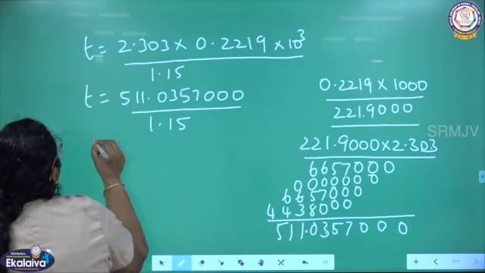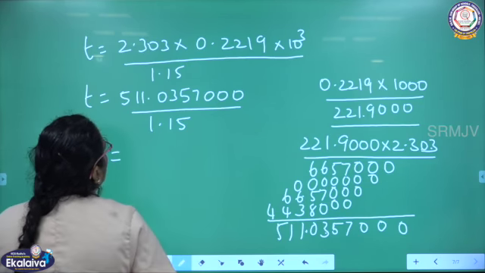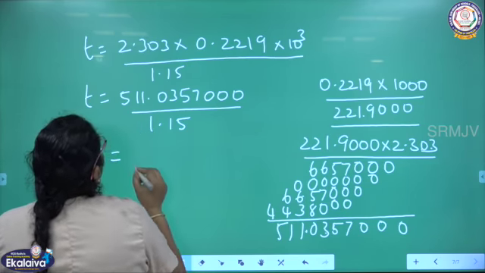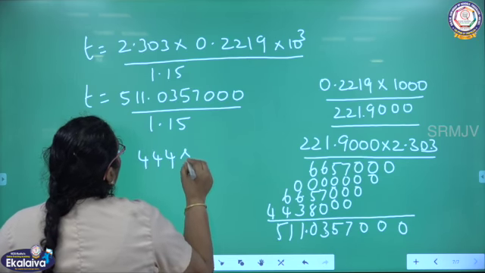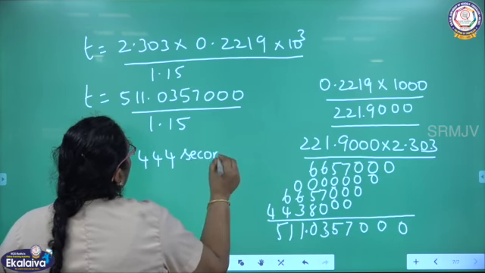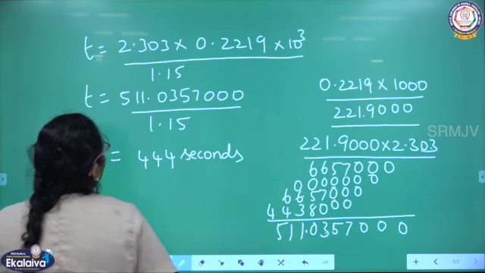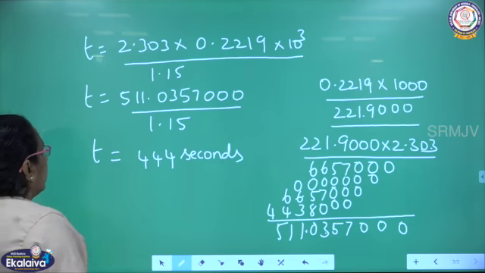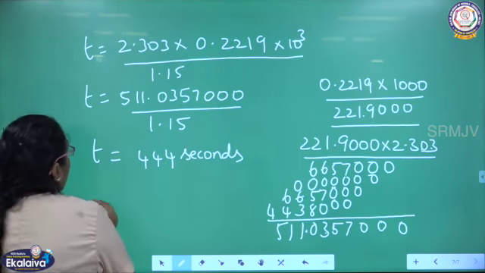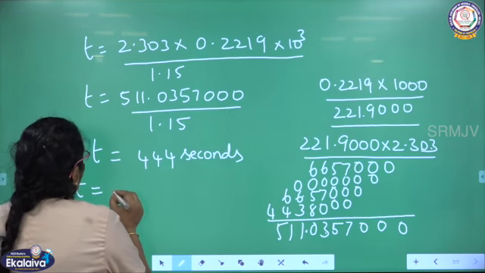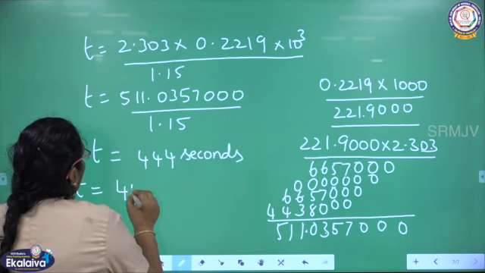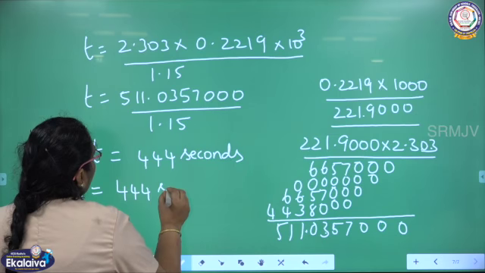So, if you divide these two quantities, you will be getting the answer as 444 seconds. The time required to change from 5 grams to 3 grams is 444 seconds.